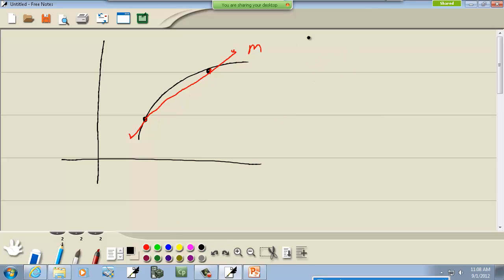And the derivative, or the slope of the secant line, is equal to the change in y over the change in x. Well, here's our x-axis, and this axis here is our y-axis, or f of x.